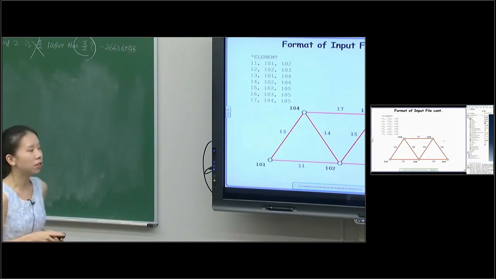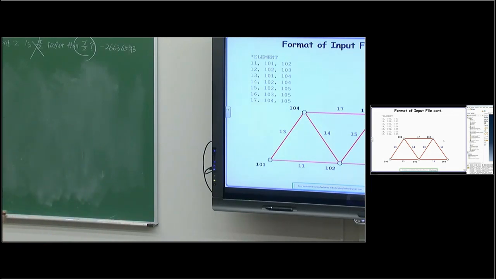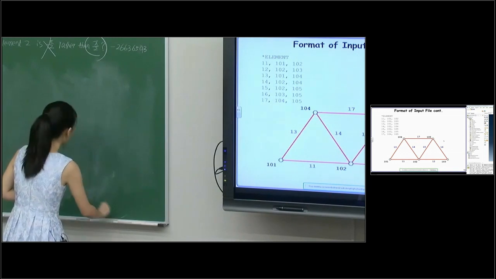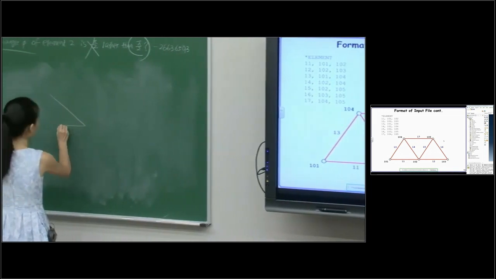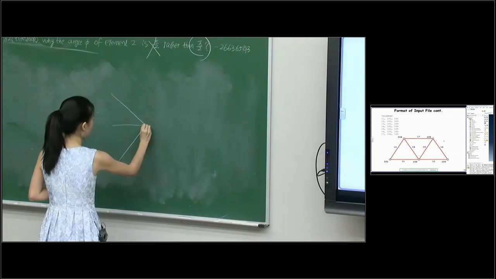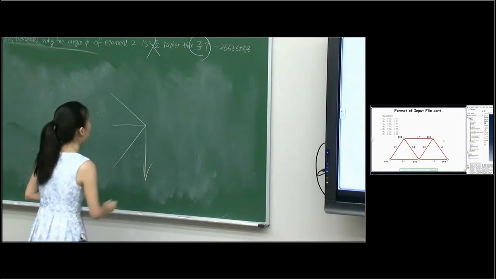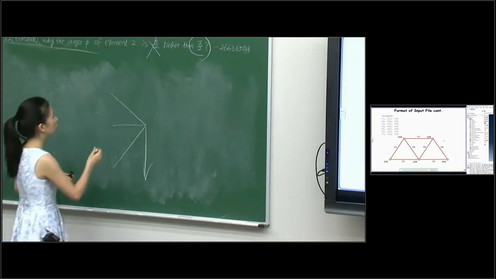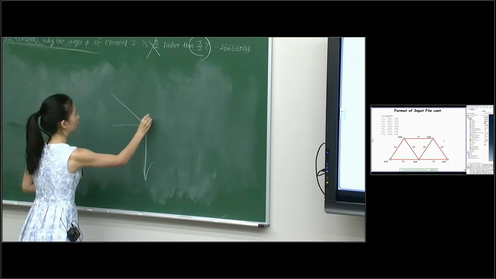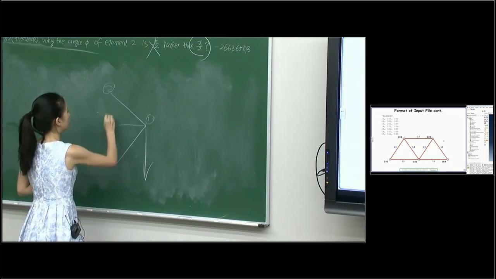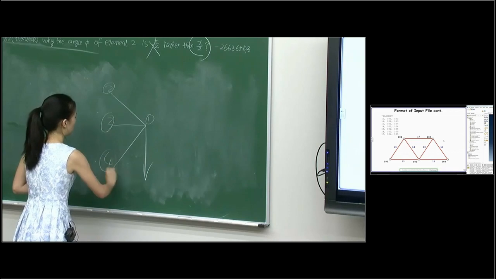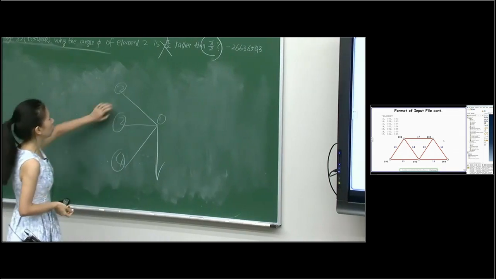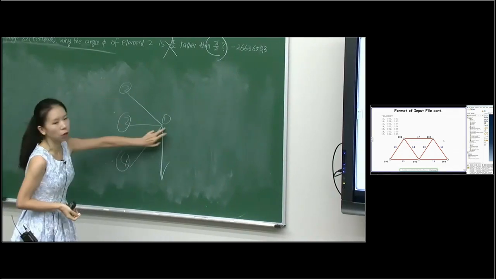So I received some email from students this last weekend. I think you have a homework problem like this, right? And you can define the nodes like this: node 1, node 2, 3, 4. Also, you can define nodes 1, 2, 3, 4 here.